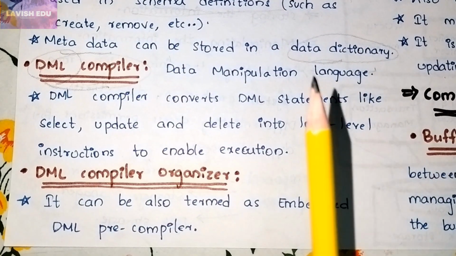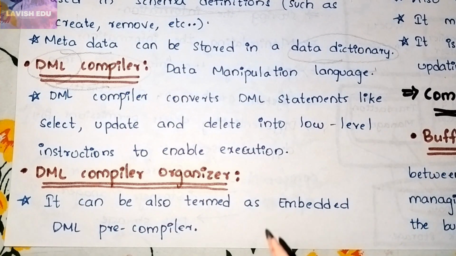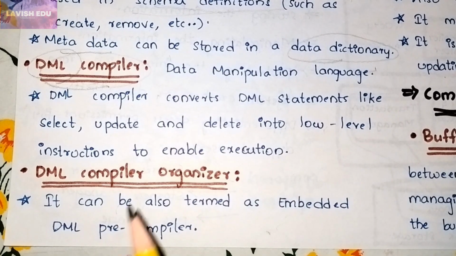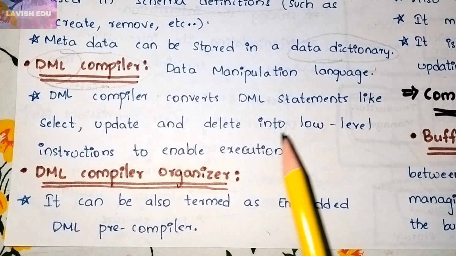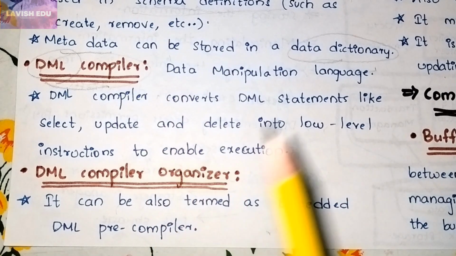And the DML compiler organizer is the one which is embedded with the DML precompiler. It will embed the application program with the DML compiler.